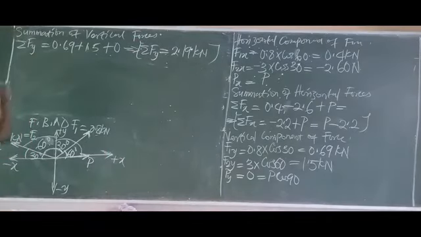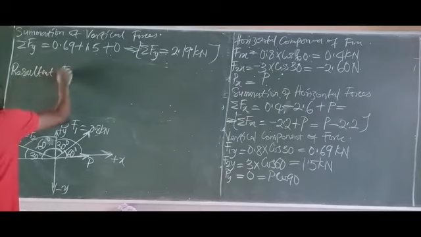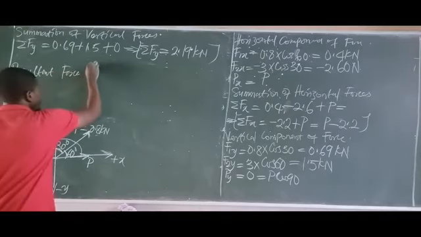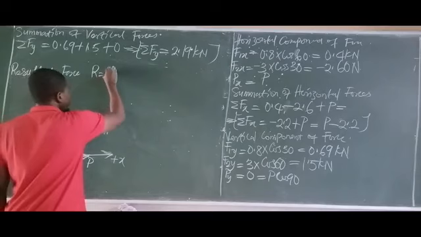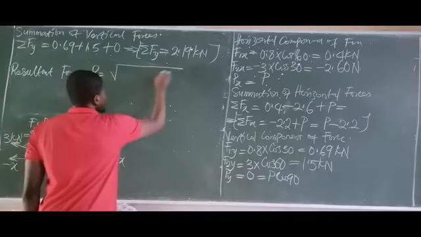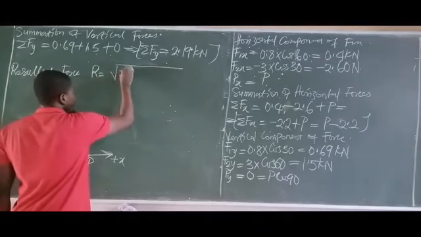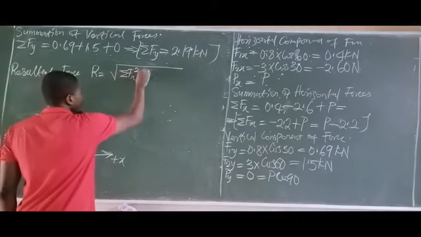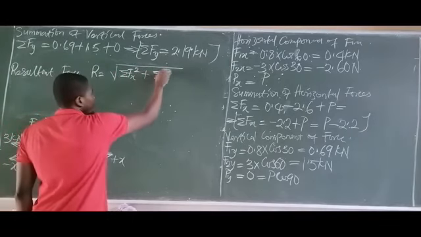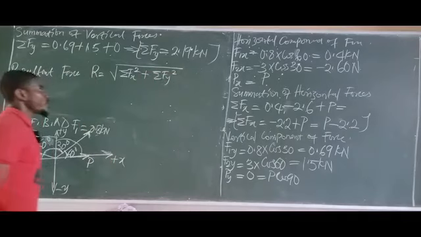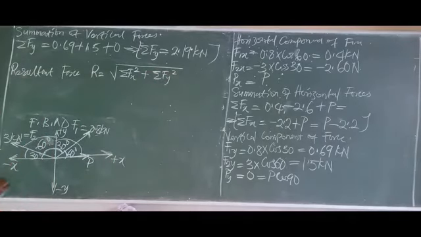So recall in the previous video I said resultant force in 2 dimensions is always taken as the square root of summation f of x all squared plus summation f of y all squared. Always the resultant force is taken as this. And in the question, it was stated that the resultant force must not exceed 2.4 kilonewtons.